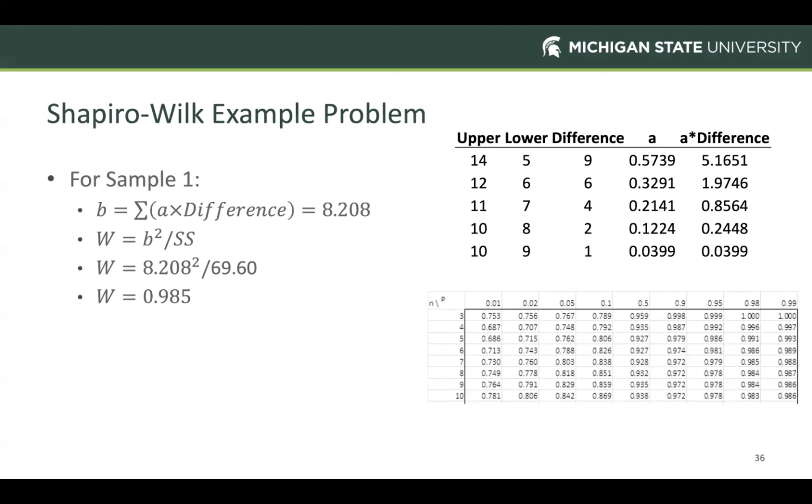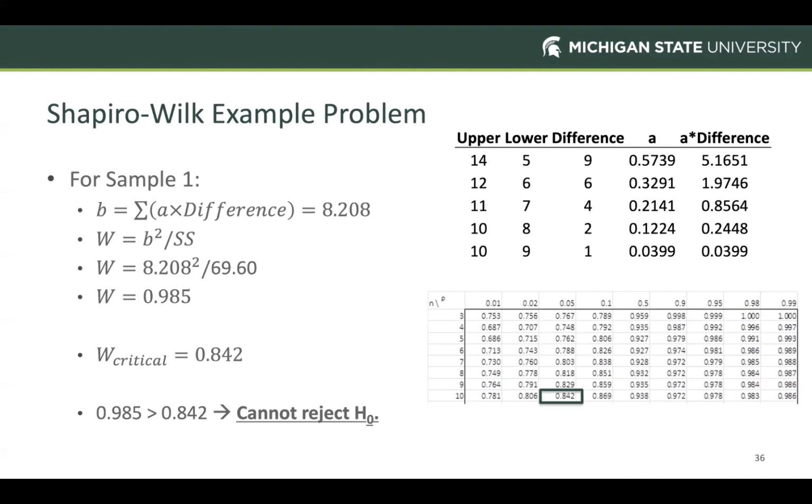We would then compare that to our critical value. Keep in mind, in this case, we had a sample size of 10. We're interested in a significance level of 5%. And so our critical value is 0.842. We compare to that critical value. If we're less than 0.842, we would reject.